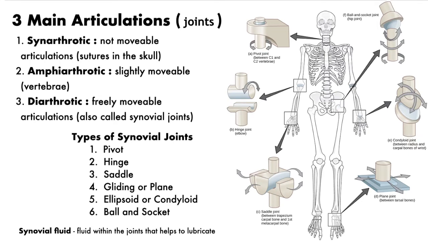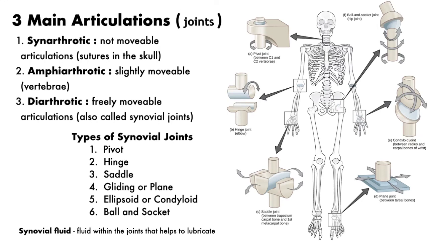Then we have the saddle joint. The saddle joint is primarily found in the carpals and metacarpals. If you think about a saddle, and if you ever learned the words convex and concave, concave is a curved inward structure while convex is curved outward.